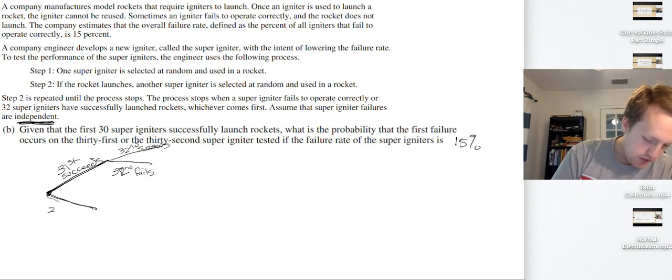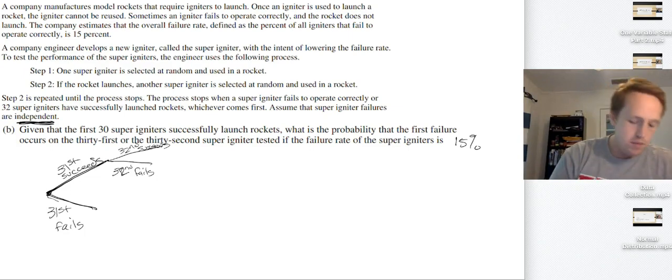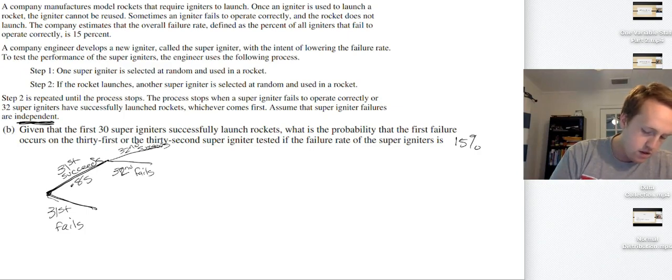If the 31st fails, we're going to stop right there. So the probability that the 31st succeeds is 0.85. The probability that the 31st fails is 0.15.